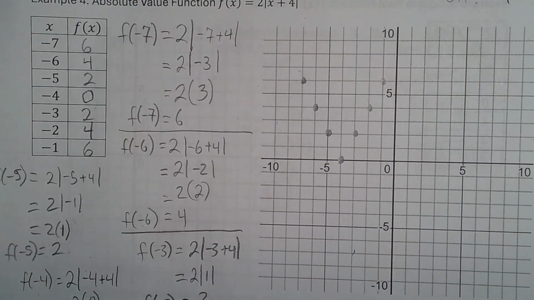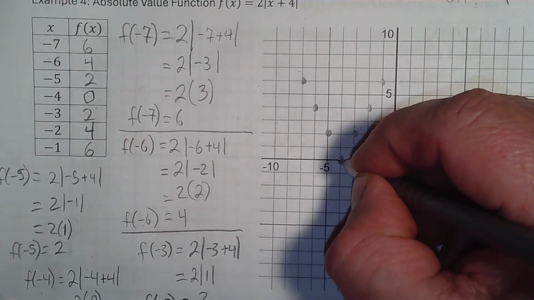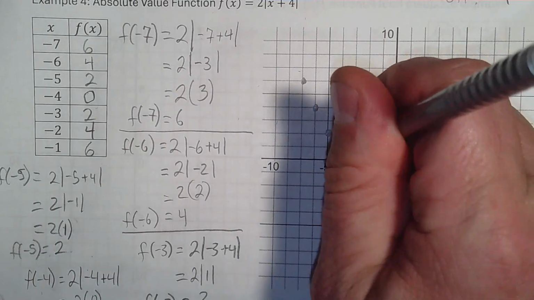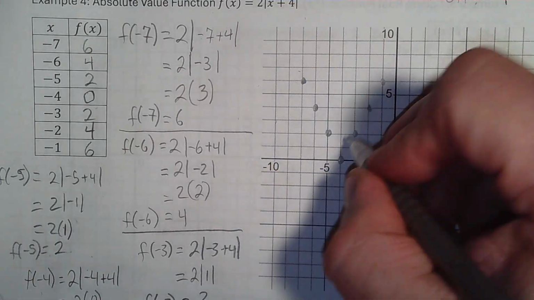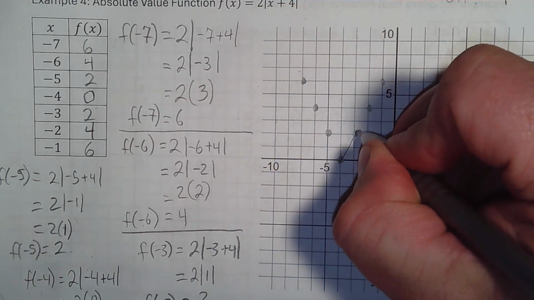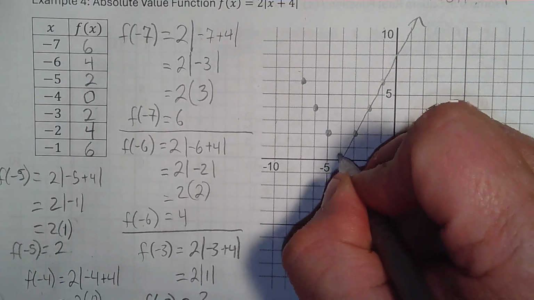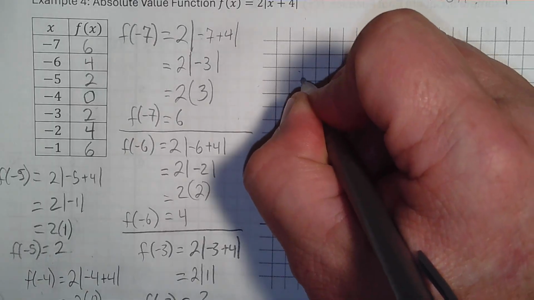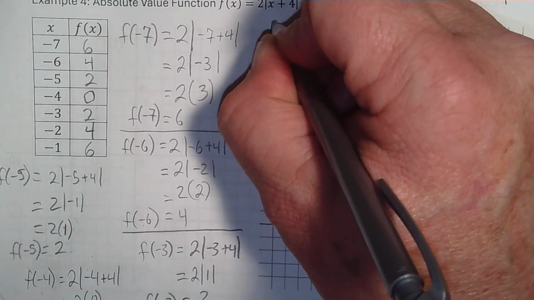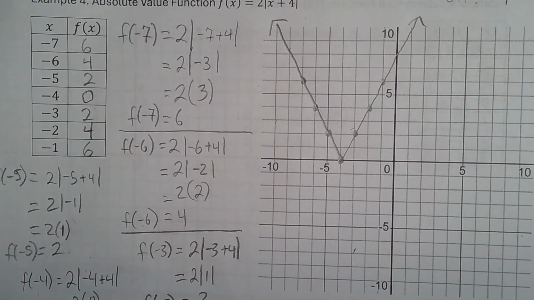So that's actually the shape of that graph. And it does look like a V. And in this case, I'm not going to curve these. This graph actually does have, it's like a line, but it's really like two lines. Starting from this point, it'll go this way with the slope of 2. And it'll go this way. And here the slope is -2. But that's what an absolute value graph looks like.